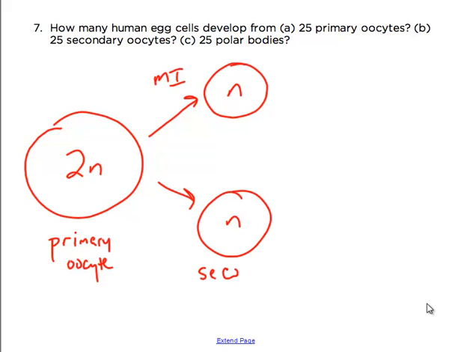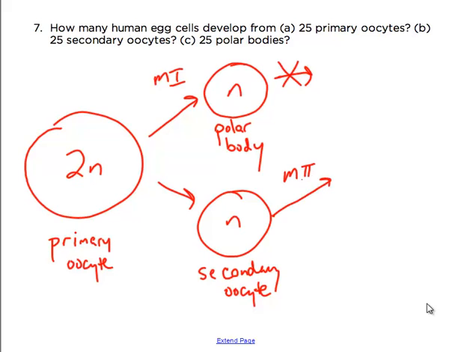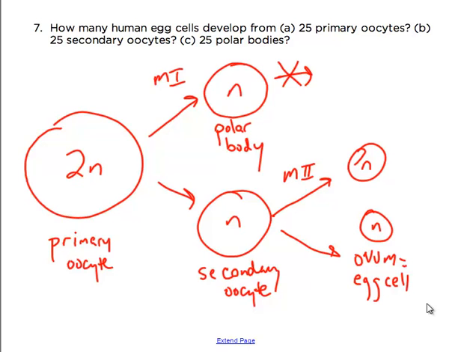One of these is a secondary oocyte, and I know they look identical because genetically they are, but the secondary oocyte would in fact be a lot larger. This is a polar body up here. That polar body is going to lead to nothing. But this secondary oocyte will go through meiosis II, and it will make an ovum, or an egg cell, which is what the question asks. An ovum equals an egg cell, right? It will make one, and then another polar body.